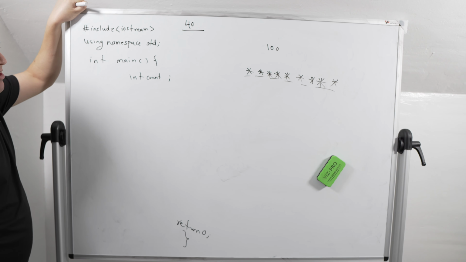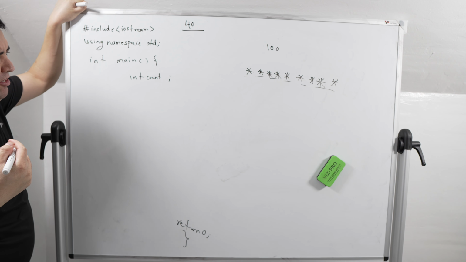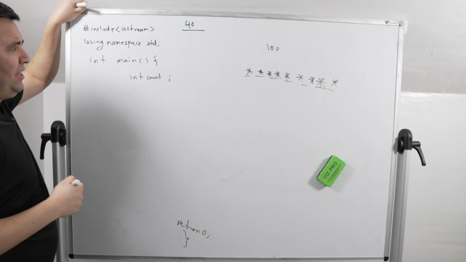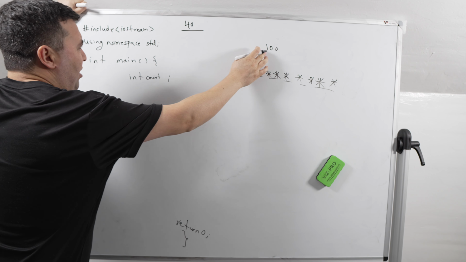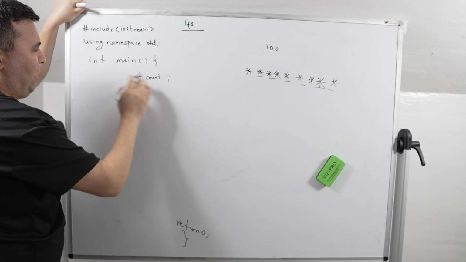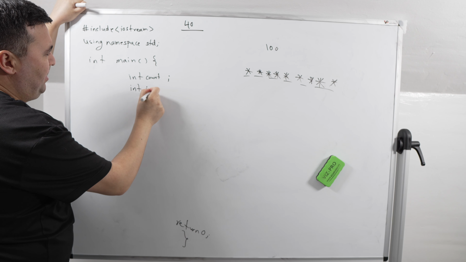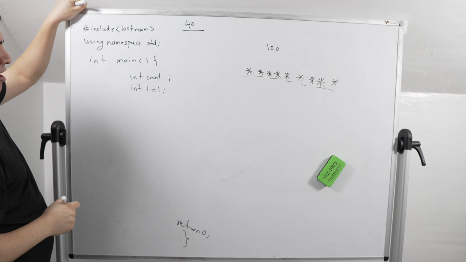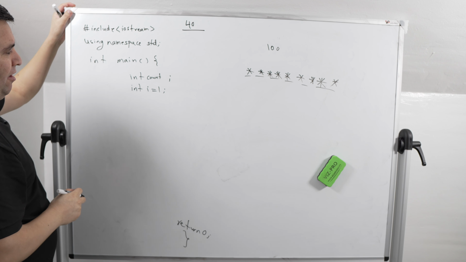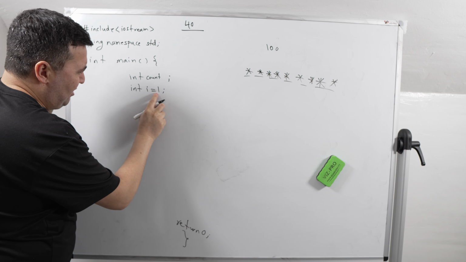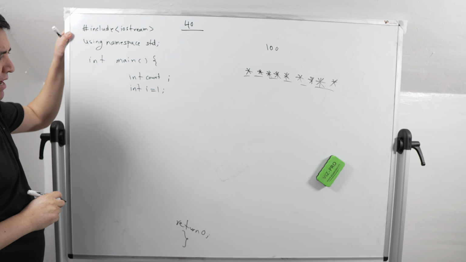Because I ask the user to enter the number of stars which the program should print. So if the user enters 100, I can store that 100 inside count. And then I declare another variable, i, equal to 1. So I declare the beginning of my loop, which starts from 1.